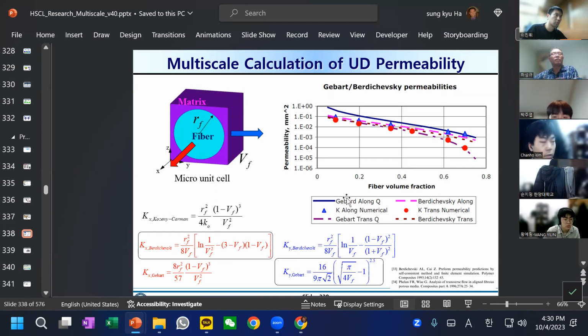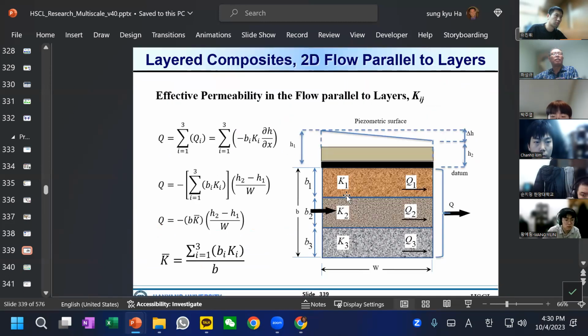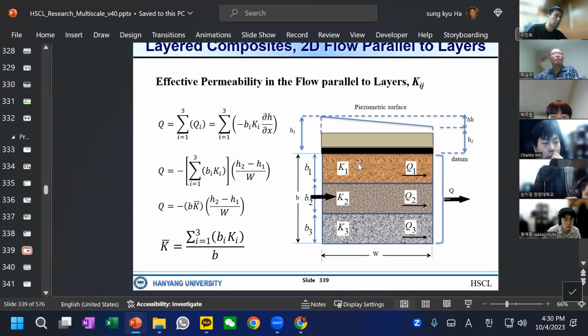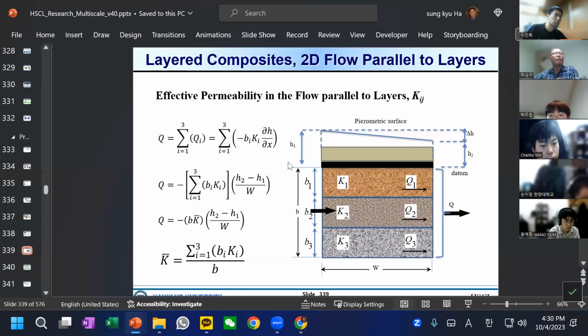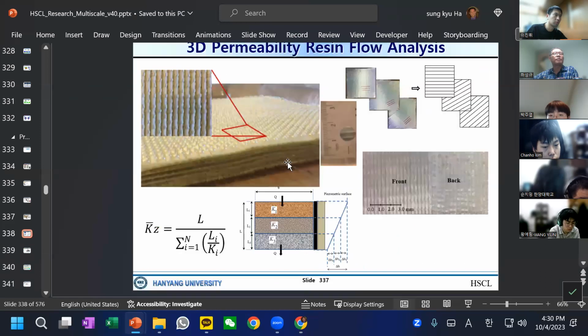You can always find these equations. We have a through-the-thickness effect, and also we can develop Excel tools, and now we have different layups with a different permeability in a certain direction.